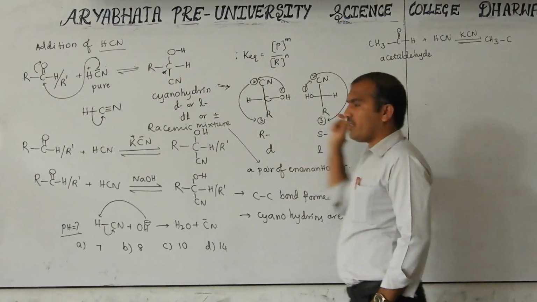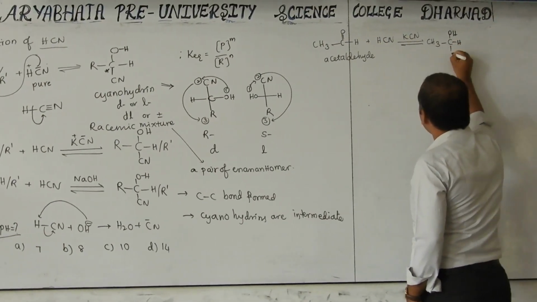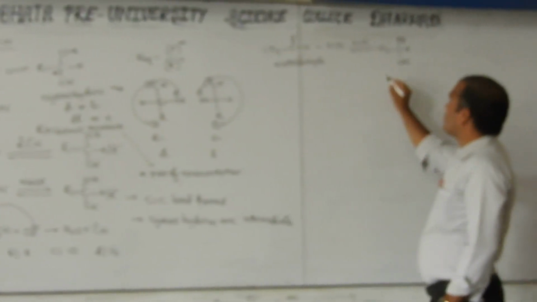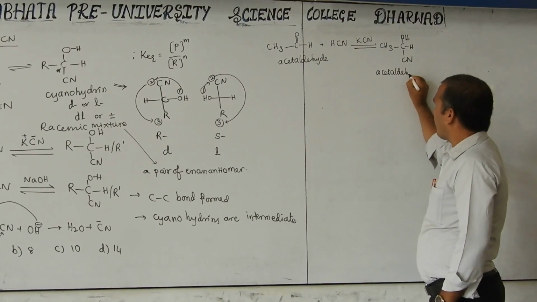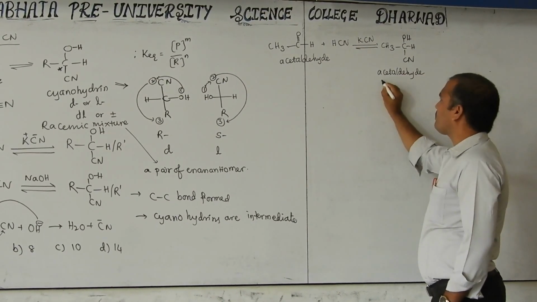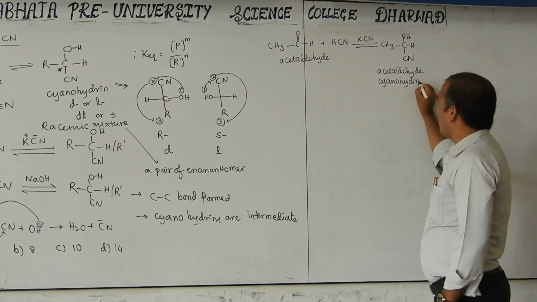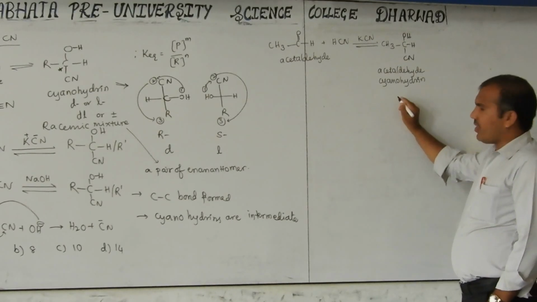Then I will write here OH, cyanide. Clear? Now this is called acetaldehyde cyanohydrin. Now it is an intermediate.